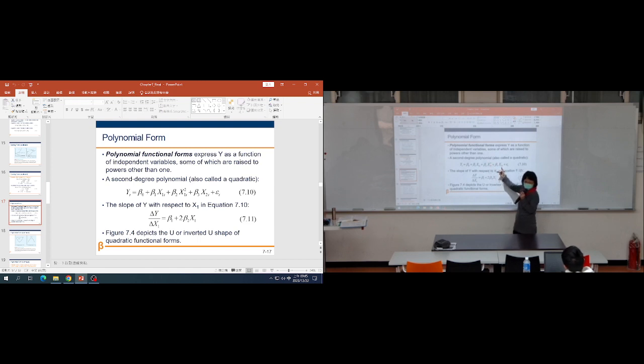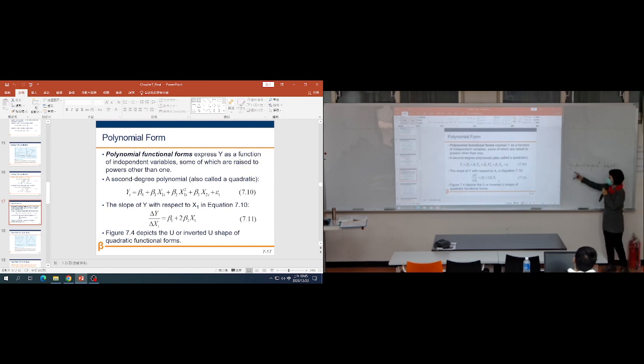And the other one, x2, is also a level form. So y is equal to beta 0 plus beta 1 x1 plus beta 2 x1 square, plus beta 3 x2.